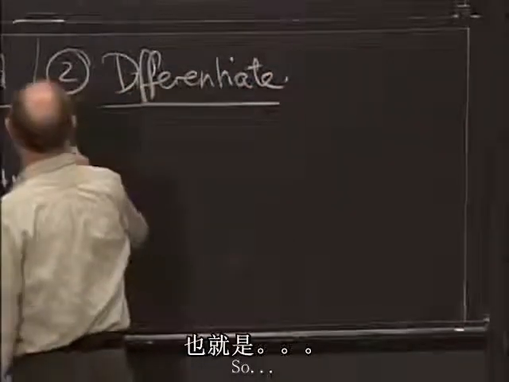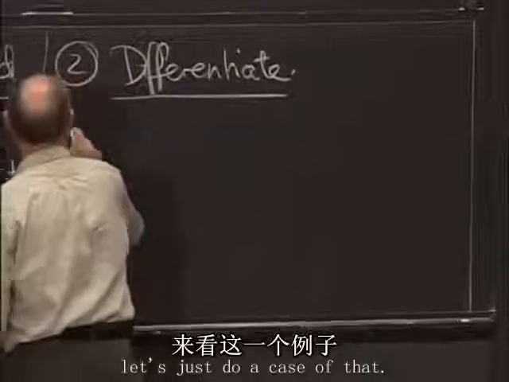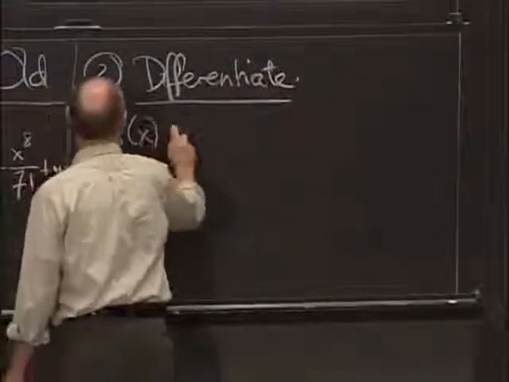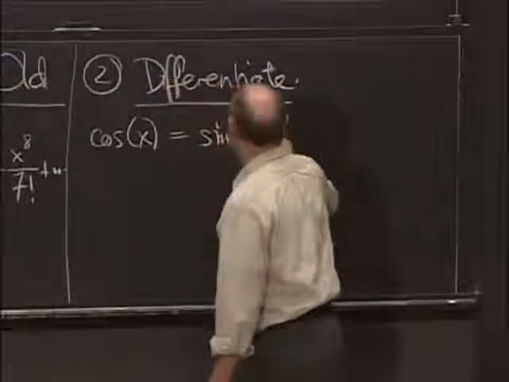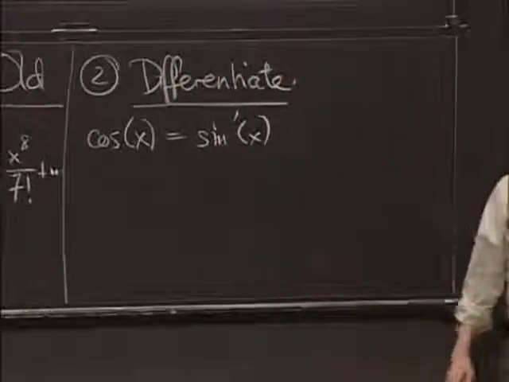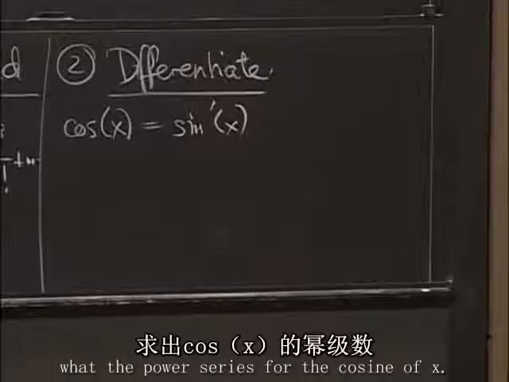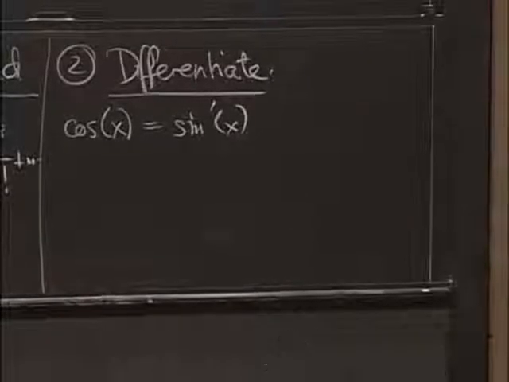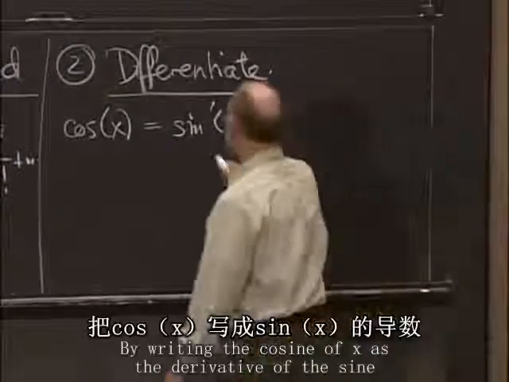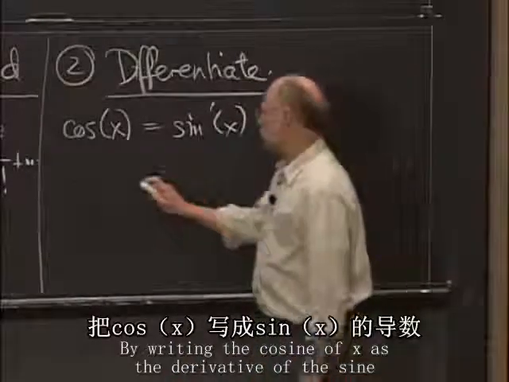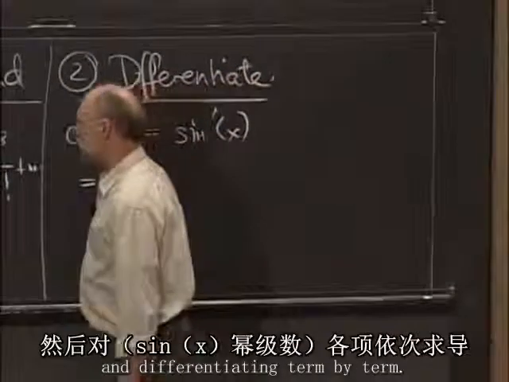So let's just do a case of that. I'll use the process of differentiation to find out what the power series for the cosine of x is, by writing the cosine of x as the derivative of the sine and differentiating term by term.